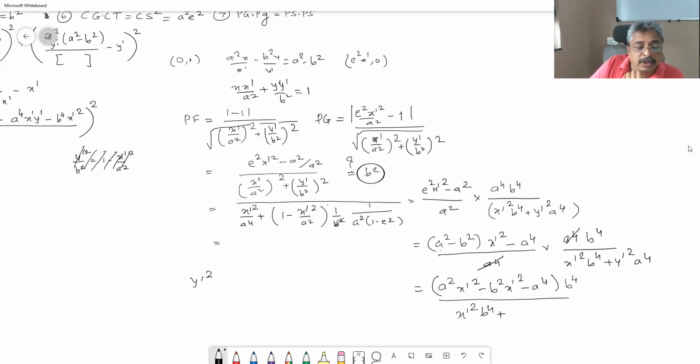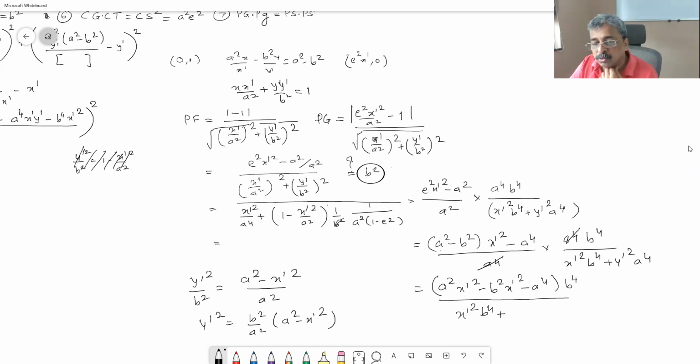Y dash square upon b square is equal to 1 minus x dash square upon a square, which means a square minus x dash square upon a square. So y dash square is equal to b square upon a square into a square minus x dash square. So I will replace that by b square upon a square into a square minus x dash square into a fourth. A square becomes a square here.